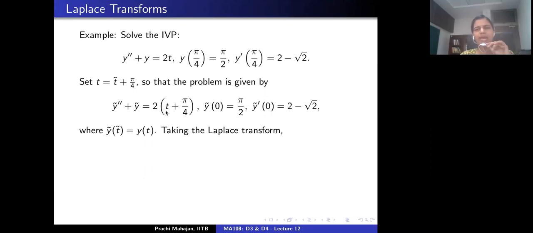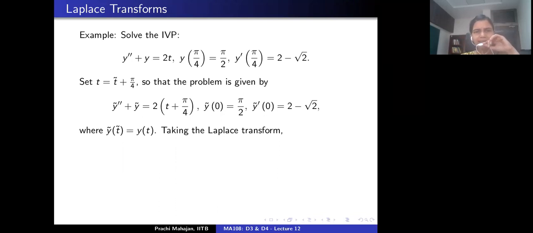Now assume that the solution of this new problem satisfies all the conditions of the corollary that we require in order to write down the Laplace transform of d square y tilde by d t tilde square in terms of the Laplace transform of y tilde.